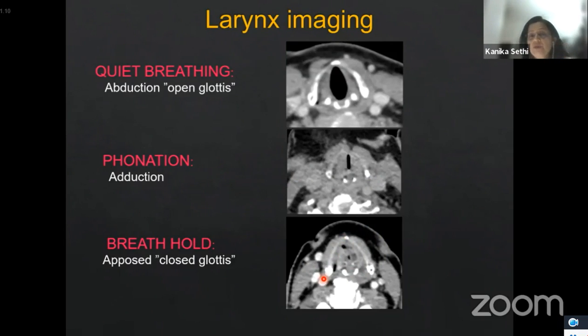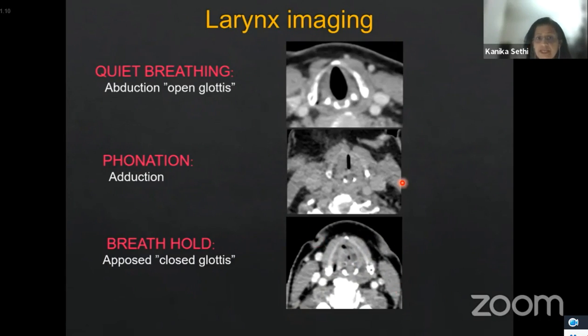So whenever you are imaging a patient for a neck pathology, you never ask the patient to hold the breath, because either it can mimic a mass or you can miss lesions, because the vocal cords are quite opposed when you ask the patient to hold a breath. This is usually done in CT chest. A neck CT is never done in breath hold.